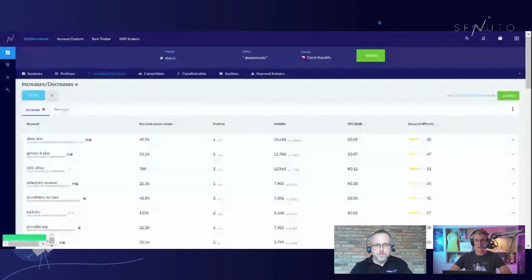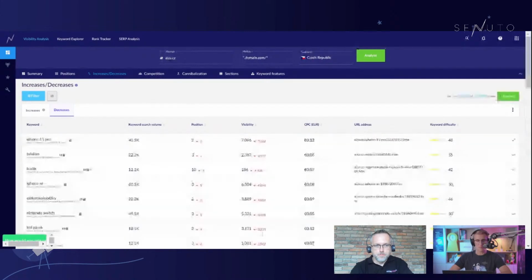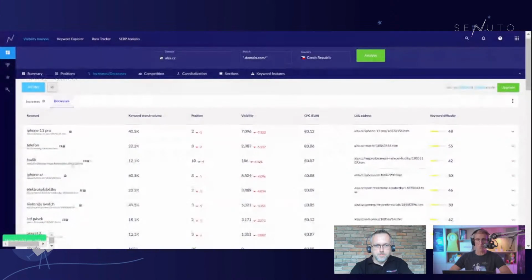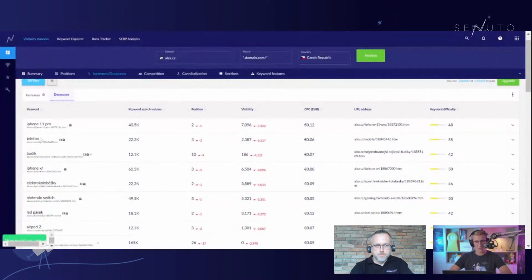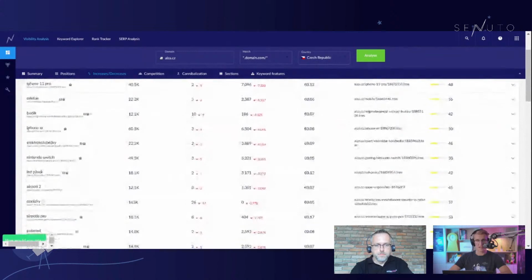Nevertheless, the decreases are something that we can check very easily to see that, okay, our business here is dropping down. Why is it doing so? So here we see the keywords where, for example, probably the sales of the products sold on ALZA will be down.